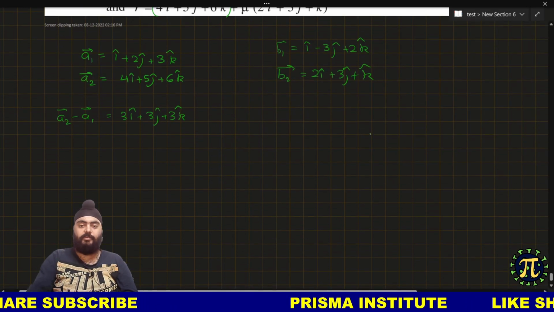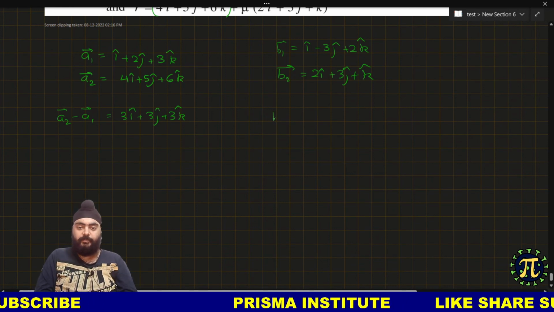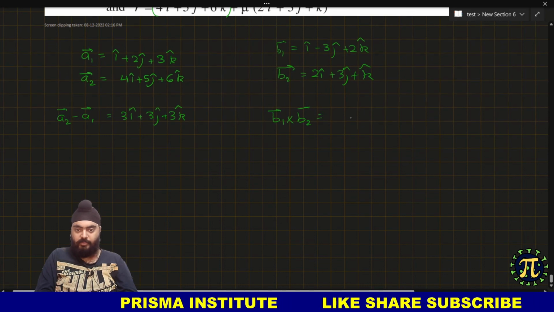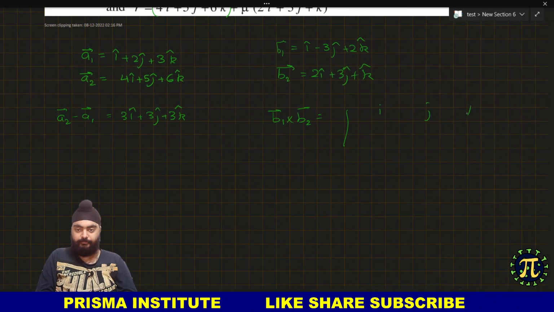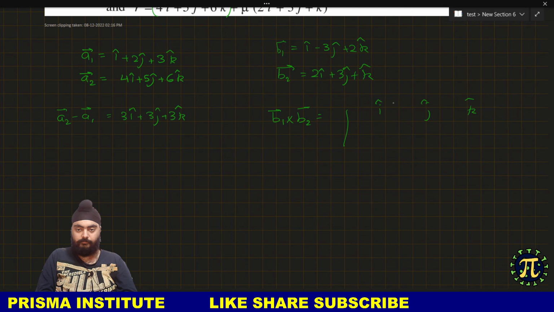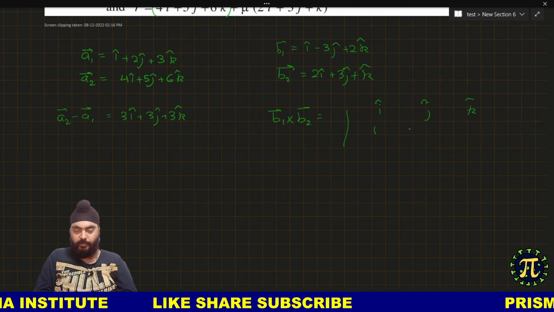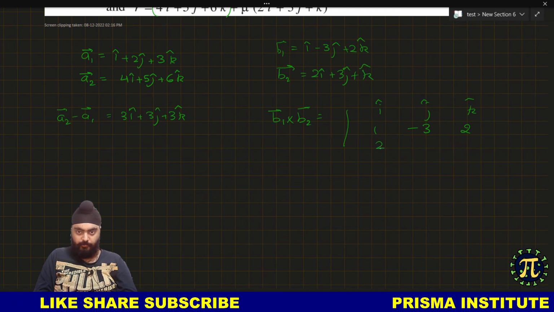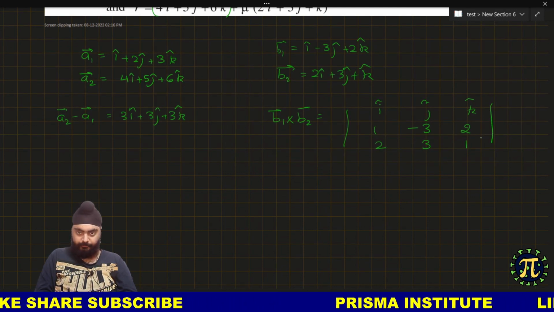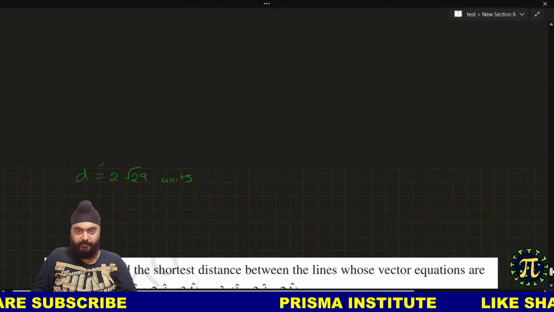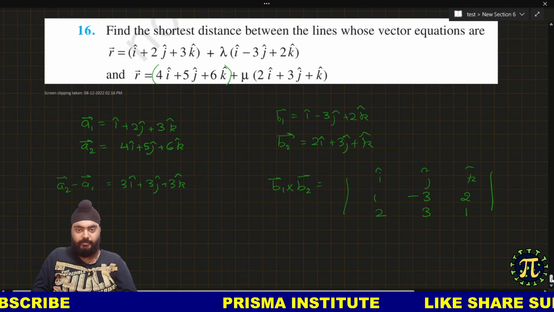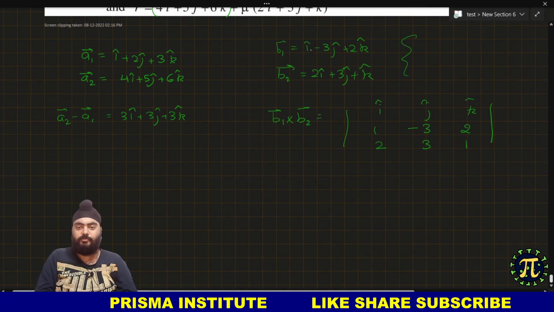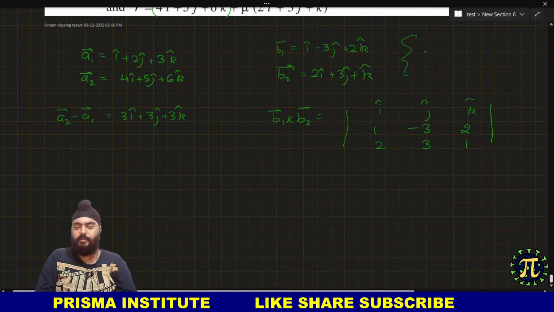So b1 cross b2, which is a vector which is perpendicular to both line 1 and line 2, it is ijk. So 1 minus 3, 2, 2, 3, 1. So let's check that again. 1 minus 3, 2 and 2, 3, 1. So these are of course skew lines. As you can see, ratios are not conserved, half, minus 1 and 2 by 1.